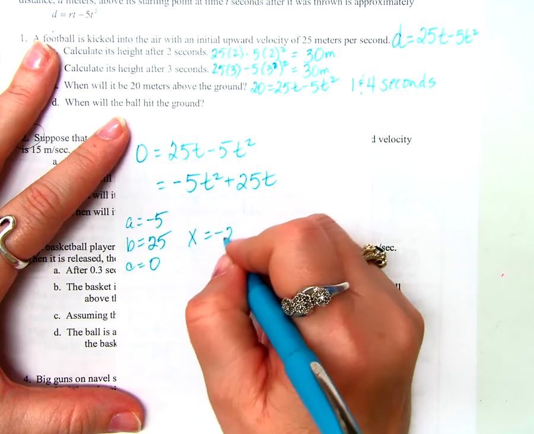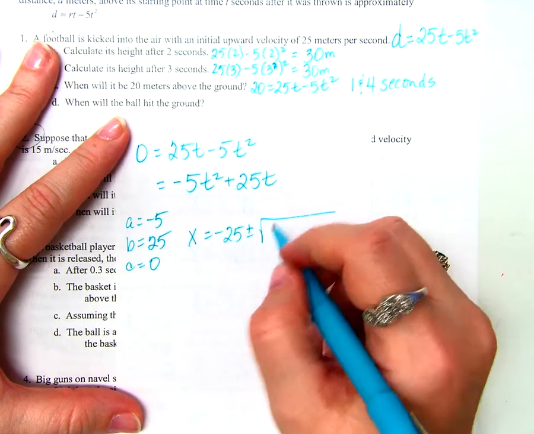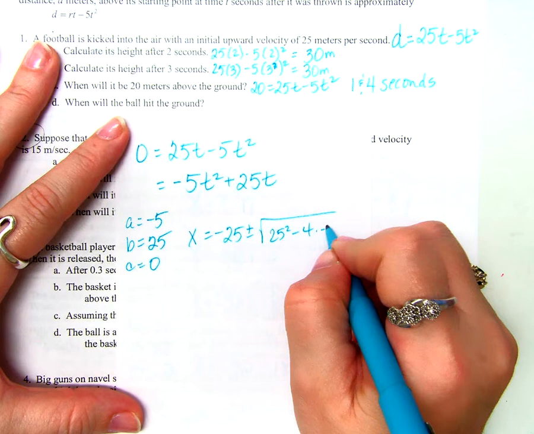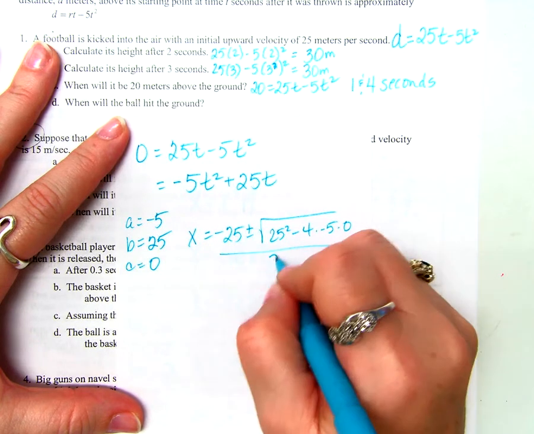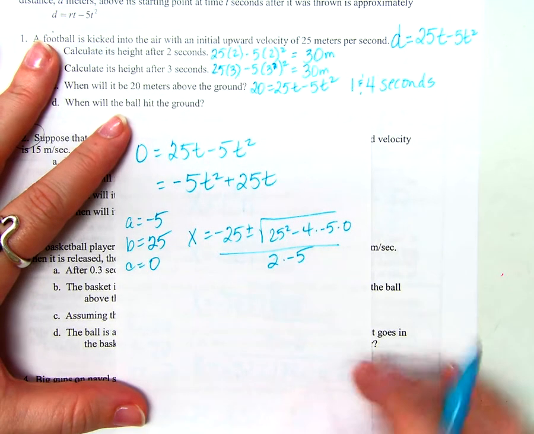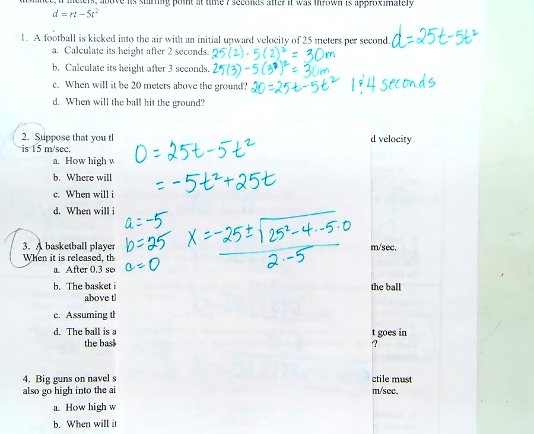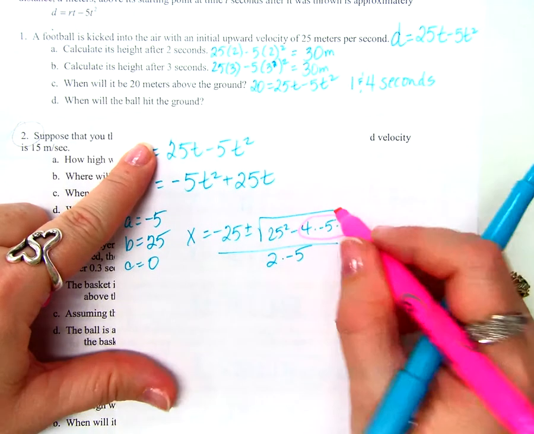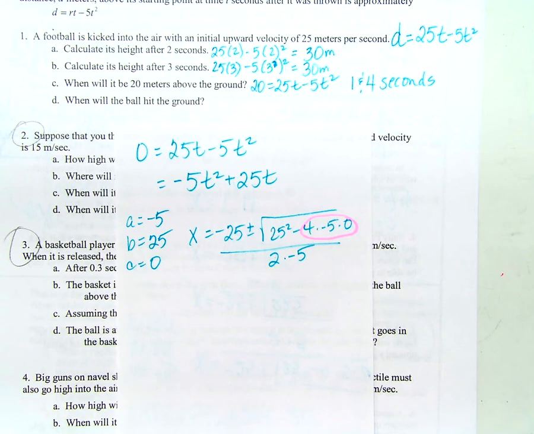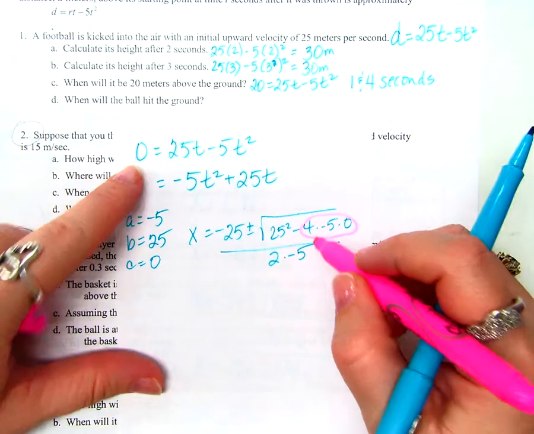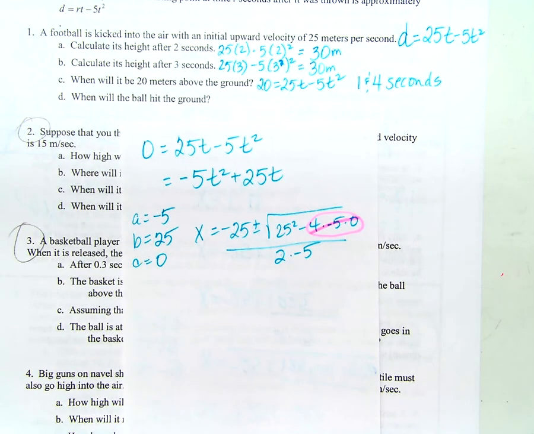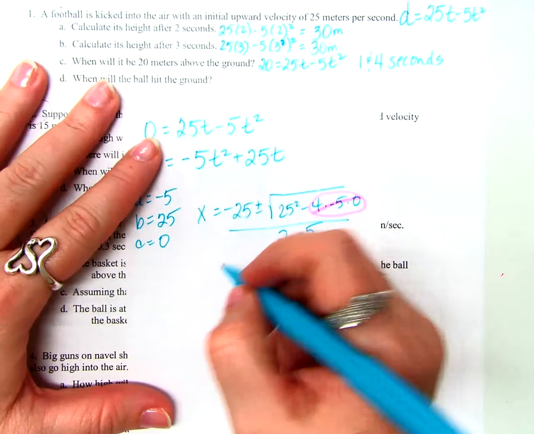X equals negative b plus or minus the square root b squared minus 4ac all over 2a. Guys, what happens right here? 4 times negative 5 times 0 is 0, isn't it? So I have the square root of 25 squared. What is the square root of 25 squared? The square root of 25 squared is 25.